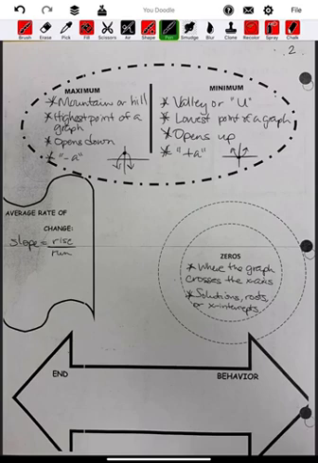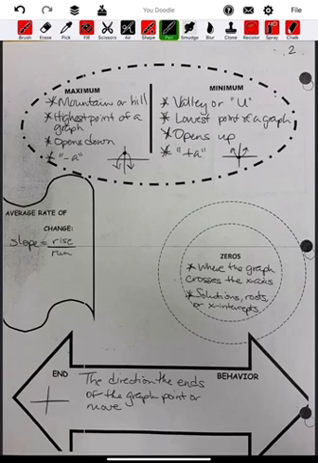And this is the direction the graph, or the ends of the graph, point or move. So again, you won't be able to draw this, but I want to just illustrate this.